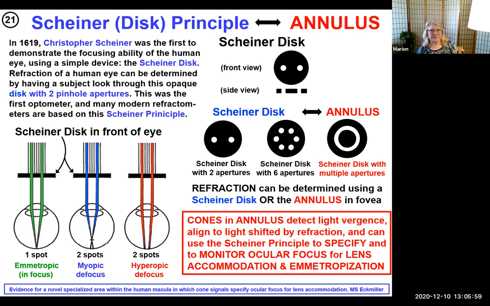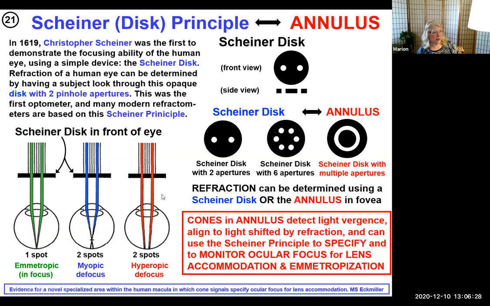What does this mean? So in 1619, Christopher Scheiner, a Jesuit priest in Germany, was the first person to demonstrate the focusing ability of the human eye using a simple device called a Scheiner disc. This was an opaque disc with 2 holes in it, and he put that in front of people's eyes, and he shone light into their eyes.